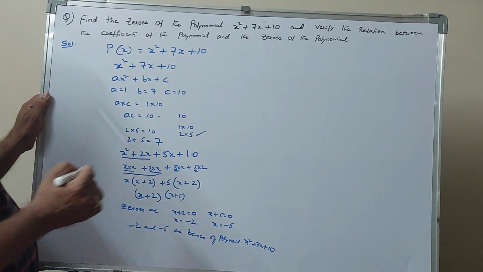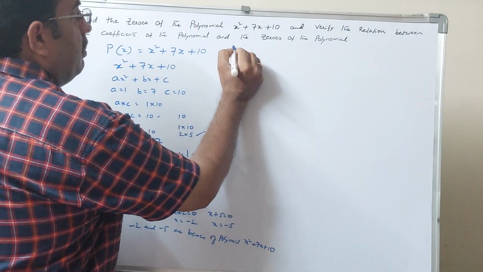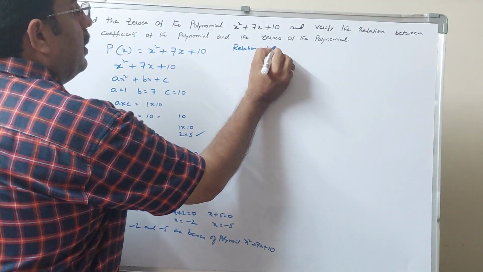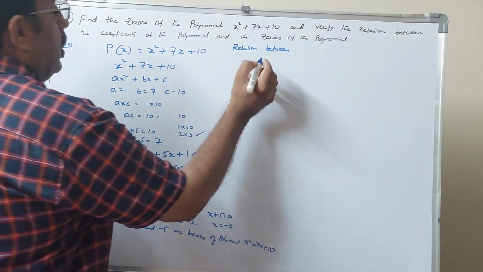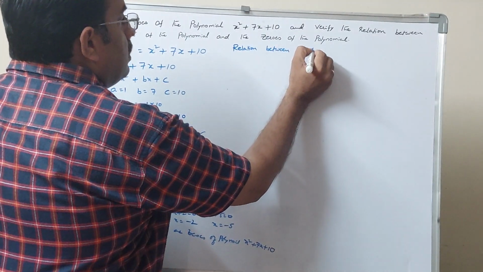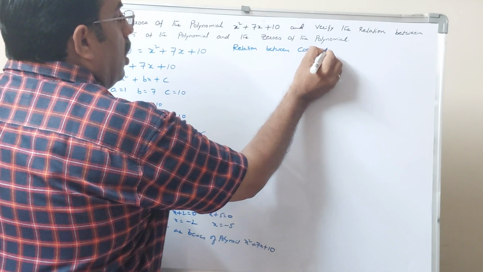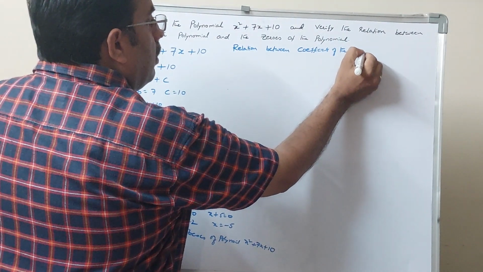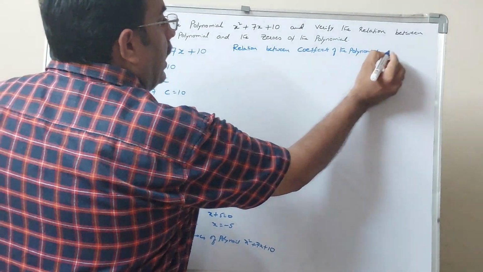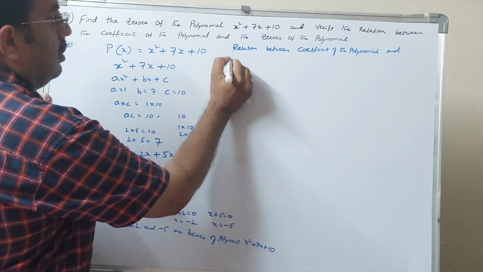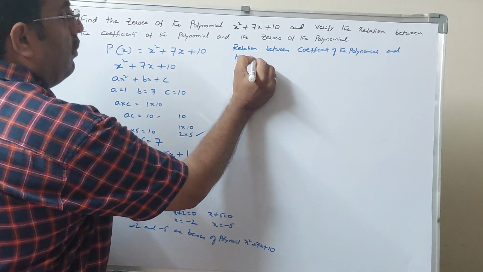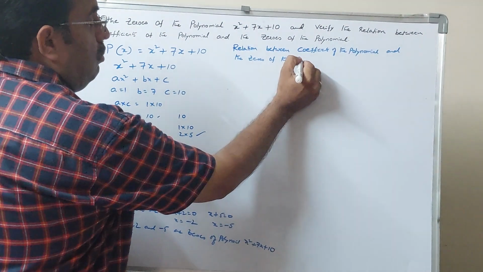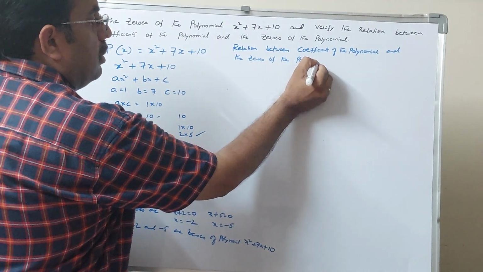So here, what is the relation between the coefficients of the polynomial and the zeros of the polynomial?